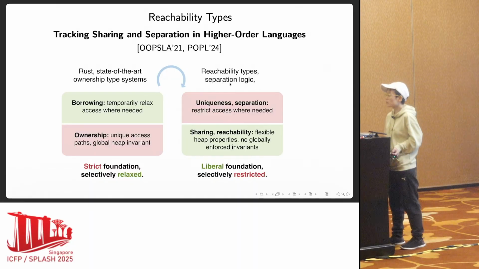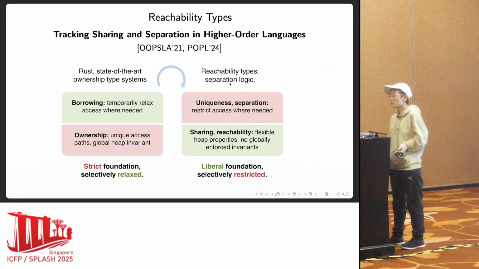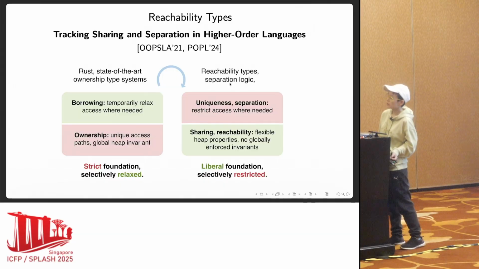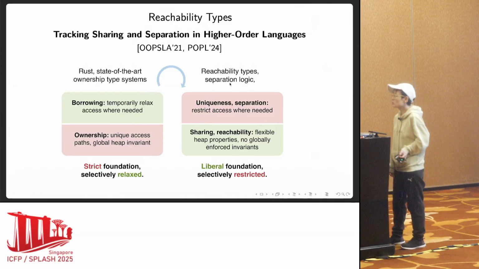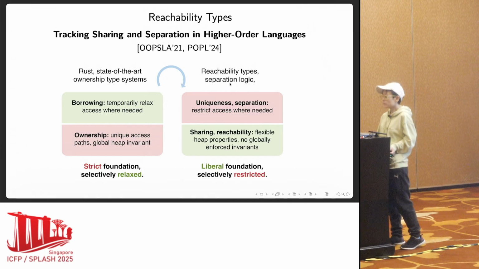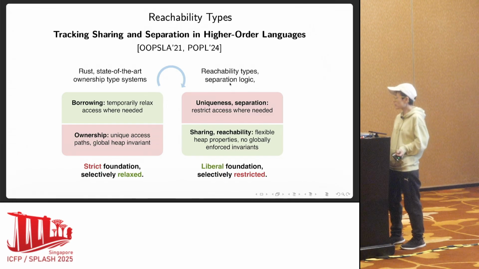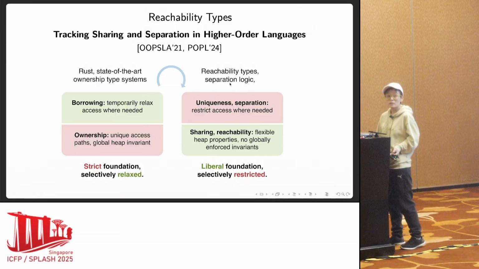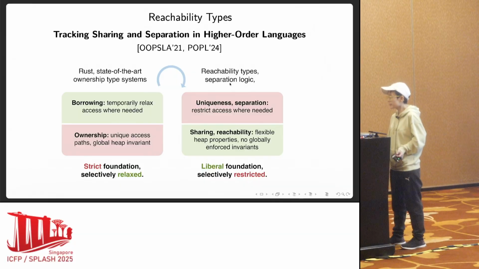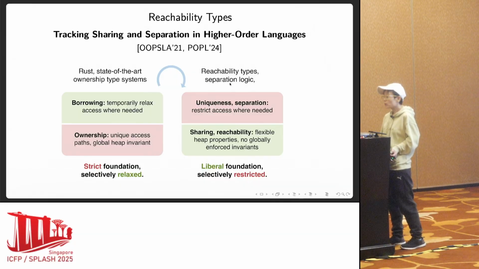Therefore, our prior work proposed reachability types, tracking sharing and separation in higher-order languages. Compared to Rust's approach, we start from a liberal foundation, just tracking reachabilities, and add constraints such as uniqueness on top of it. So we believe this is a suitable way to integrate ownership with higher-order languages.